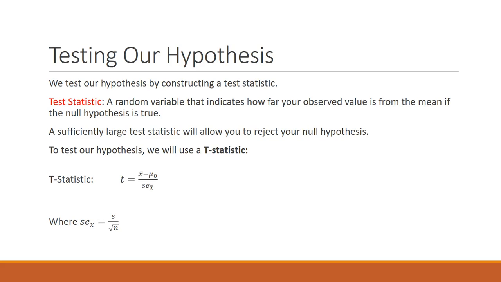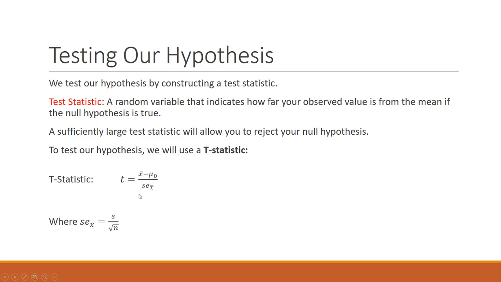All right, a sufficiently large test statistic will allow you to reject the null hypothesis. To test your hypothesis, we use a t-statistic, just like the z-statistic that we talked about before. We take our particular sample mean value, we subtract the null hypothesis value, and we divide it by the standard error, which is the standard deviation of the sample mean.